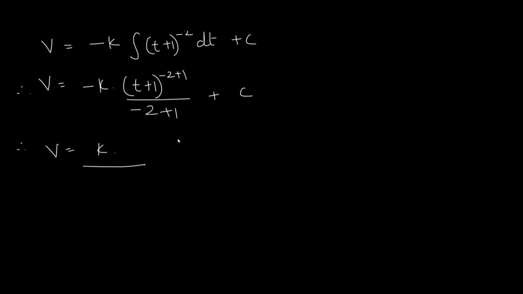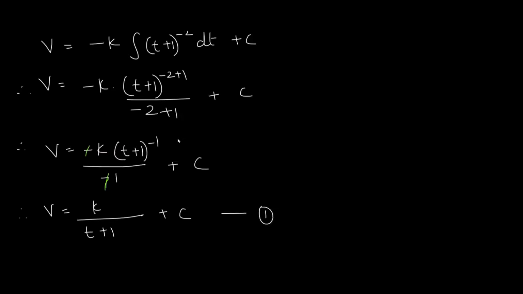So therefore, we have minus k into (t plus 1) raised to minus 1 upon minus 1 plus c. Now as you can see, we can cancel out these two negative signs and the t plus 1 can come to the denominator, so that we get V is equal to k upon (t plus 1) plus c. Say this is equation 1.